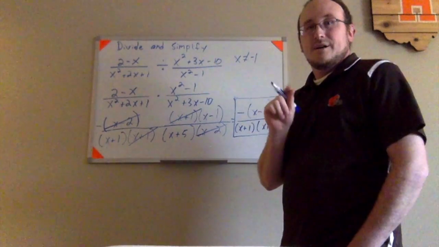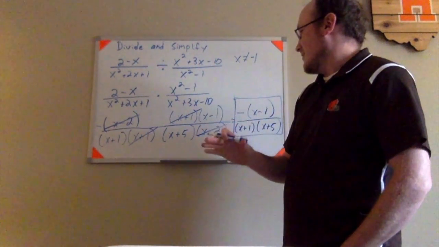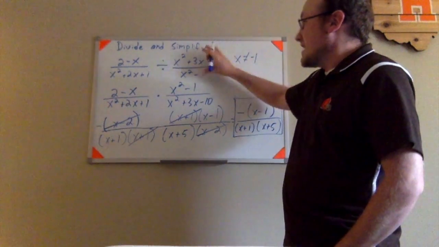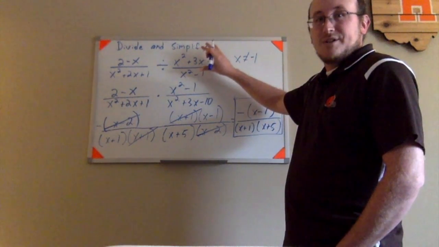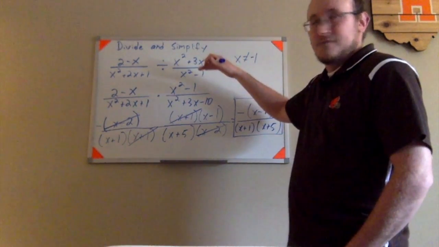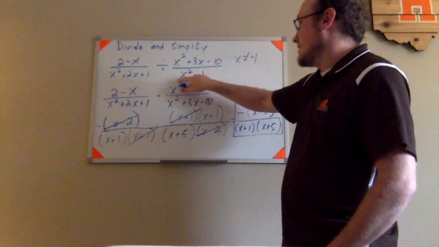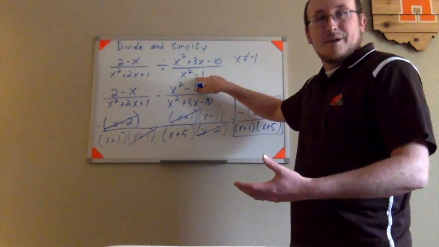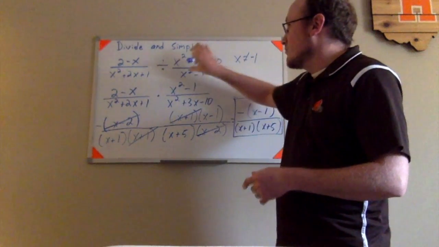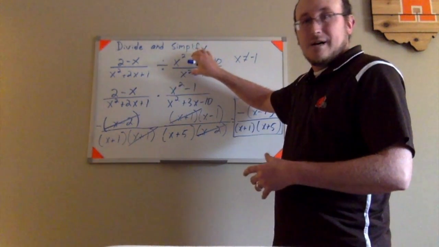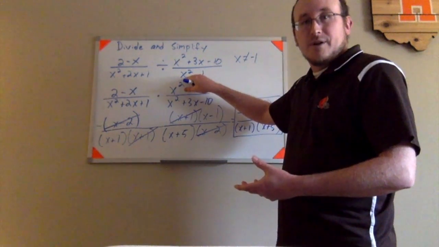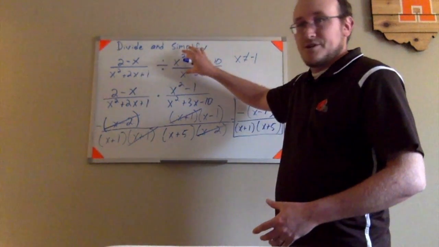Now, here's where usually students might want to make a mistake with this. This second fraction, we actually have to find the values that make both its numerator and its denominator equal to 0. Because this x squared minus 1 was in the denominator, whichever values made this equal to 0 would make this original expression undefined.